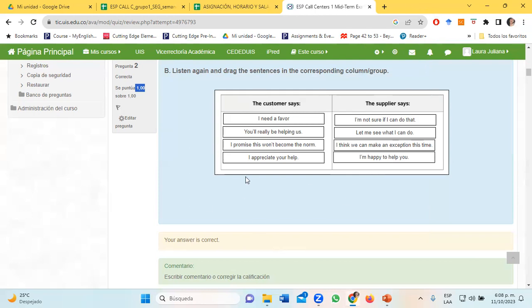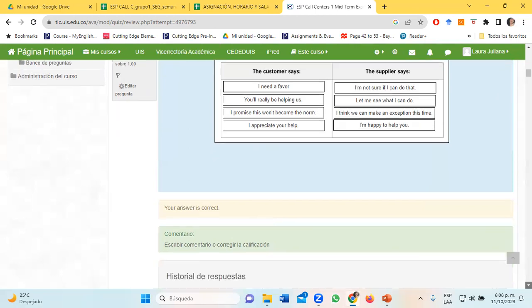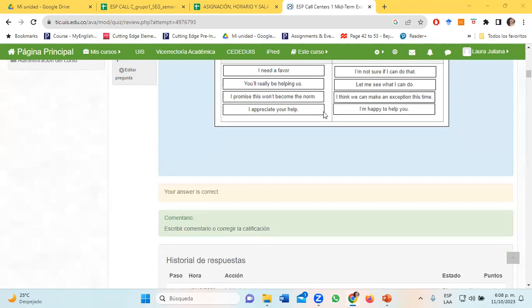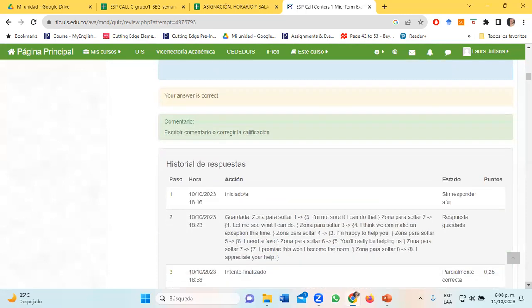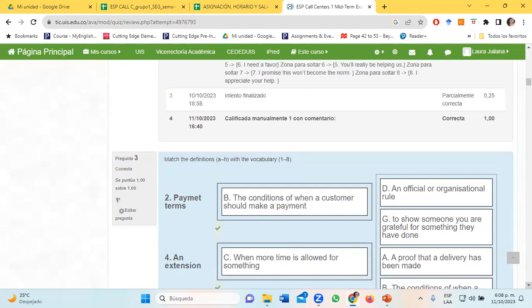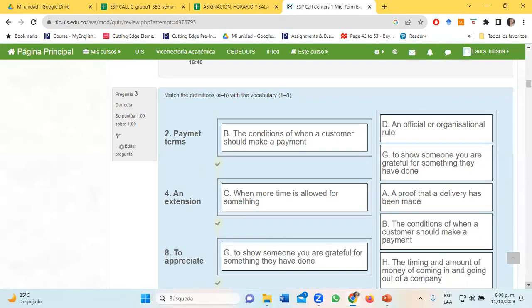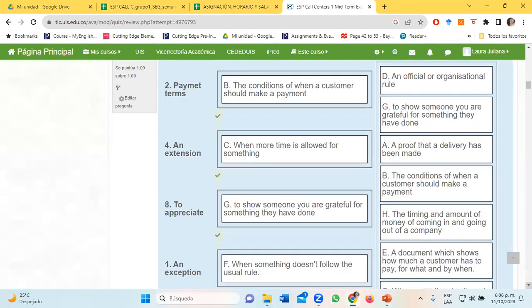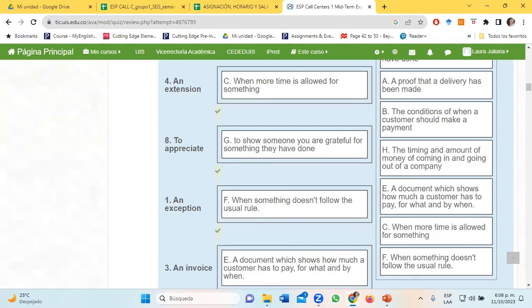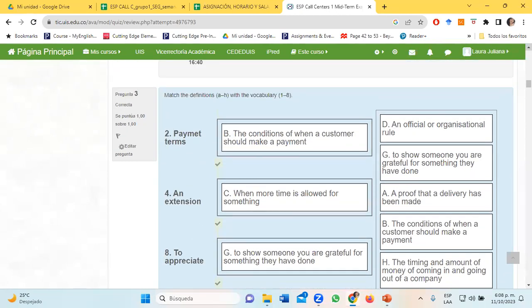All right, so you can have this in any order, and they will be correct. Let's scroll. I'm checking one of your exams, just to share with you guys. All right, let's move to the next part.